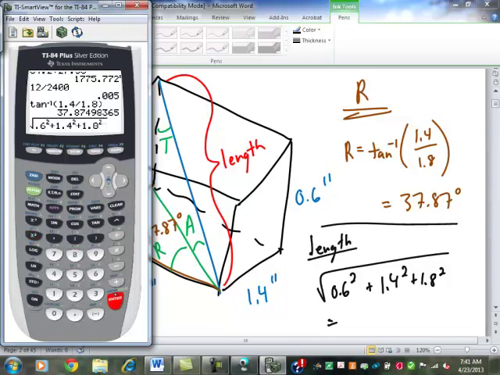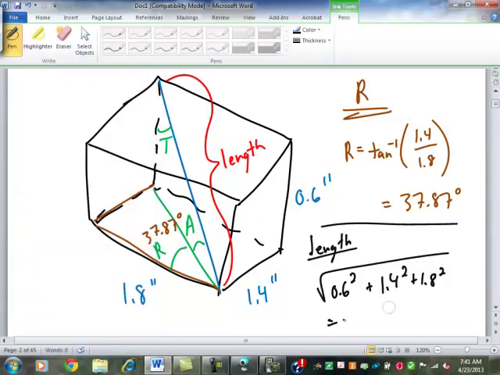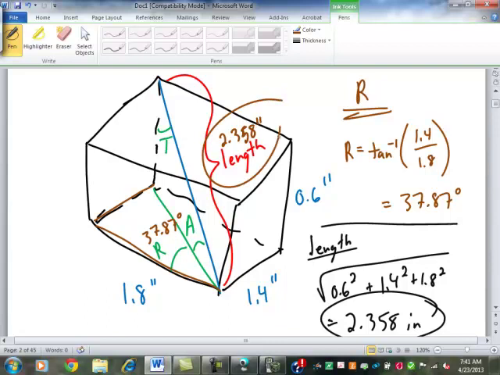Which gives us 2.358 inches of length. So we've got the length.